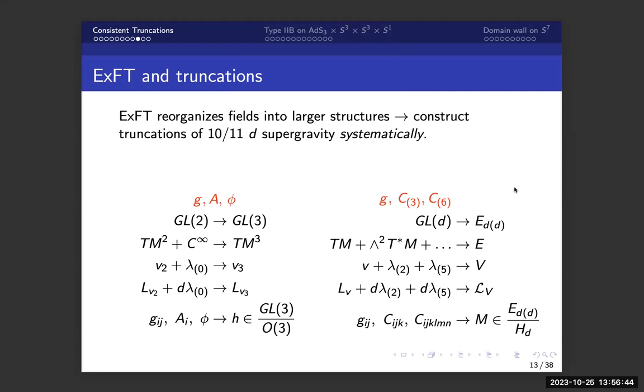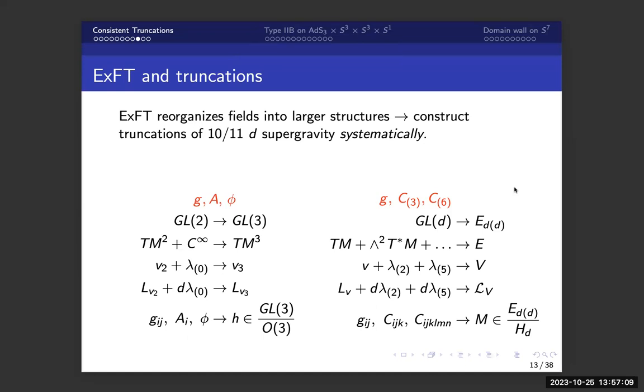The differential operators that define the algebra of these gauge transformations get combined into a single bigger differential operator, which is just the Lie derivative in 3D. And finally, the internal degrees of freedom parameterize this Riemannian metric Hij that I wrote earlier, which parameterizes the coset space GL3 divided by O3.